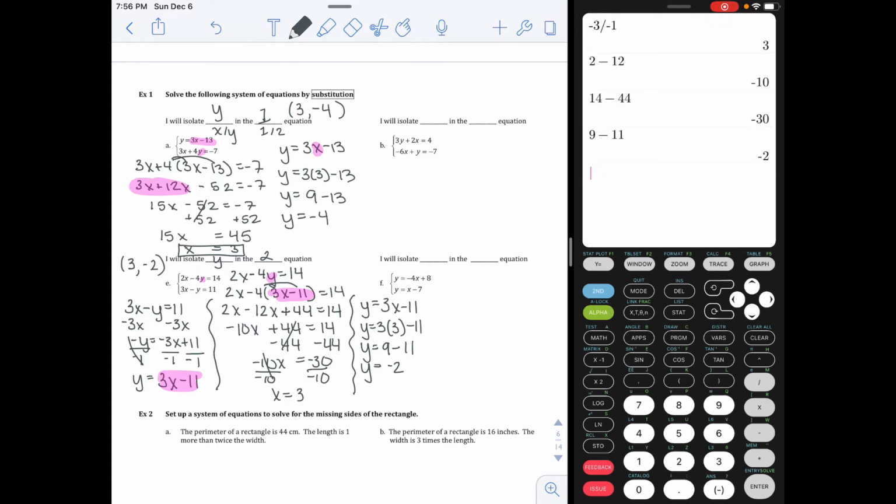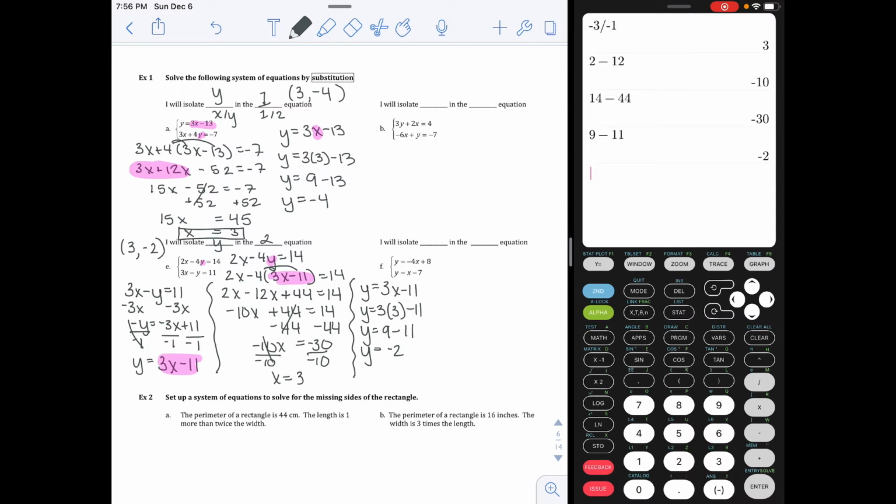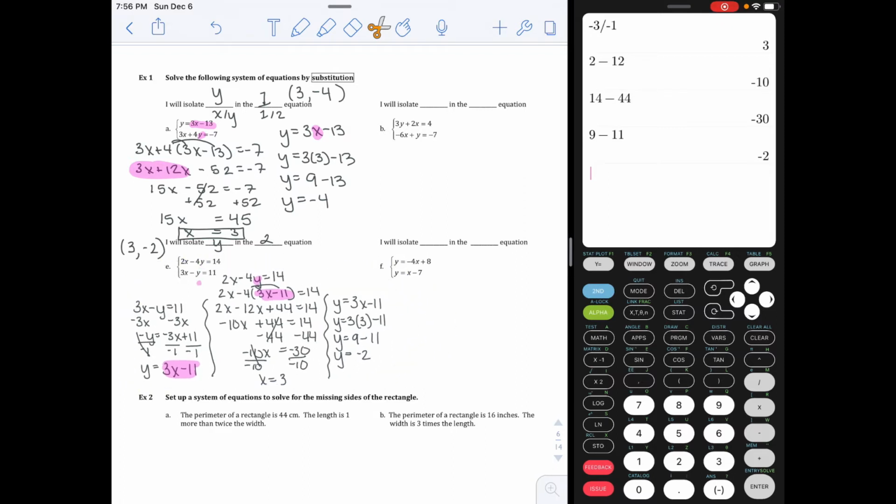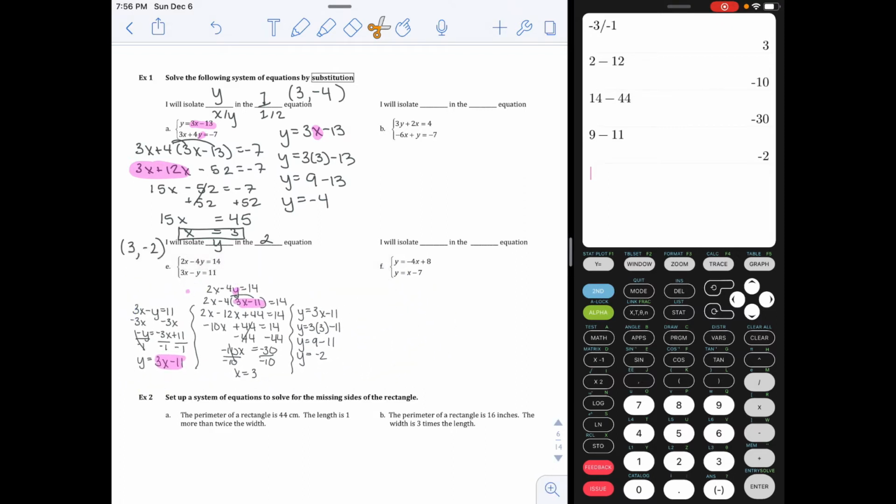Nice job. All right, now let's try this last one. I'm going to make this a little bit smaller so we have a little bit extra room here. All right. So I want to isolate, ooh, this looks weird.